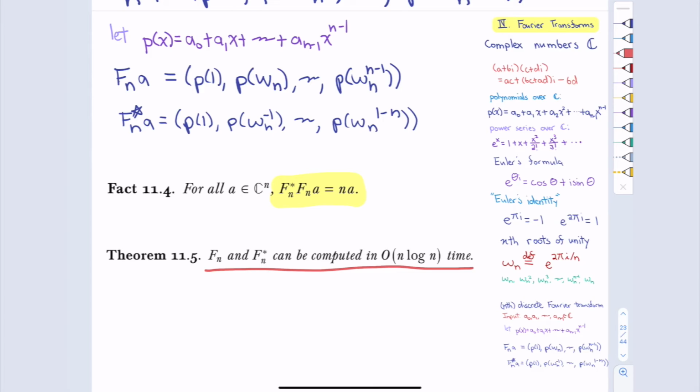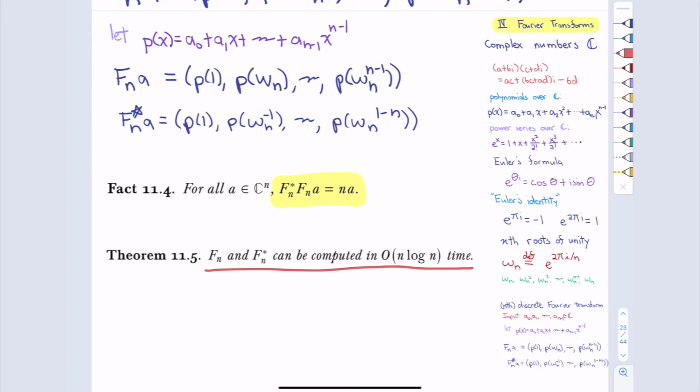So, again, we're taking a polynomial with n coefficients, and we're evaluating p of x at n different choices of x. So naively, if you just plugged in and multiplied, and you added things up, it would take linear time for each evaluation. So you would need n squared to get all n values.